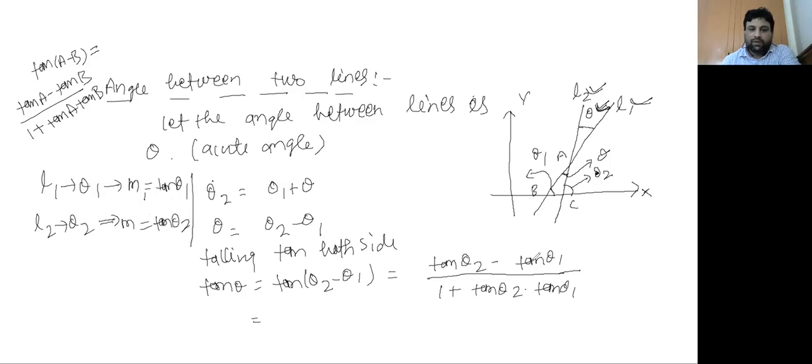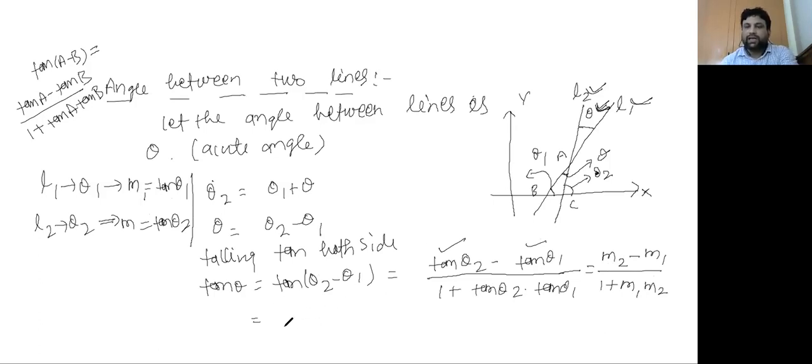Clear? So in place of tan theta 2 we can write m2, and in place of tan theta 1 we can write m1. So (m2 minus m1) divided by (1 plus m1 m2).